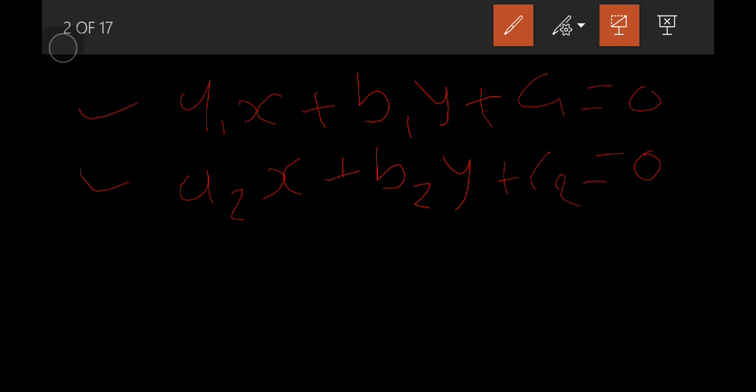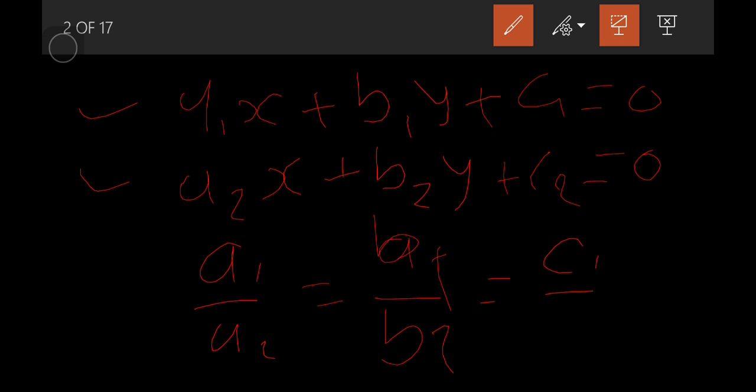These are a pair of linear equations. If these two linear equations have infinite solutions, then we compare the ratios of coefficients: a1 by a2 is equal to b1 by b2 is equal to c1 by c2. So we take this ratio.